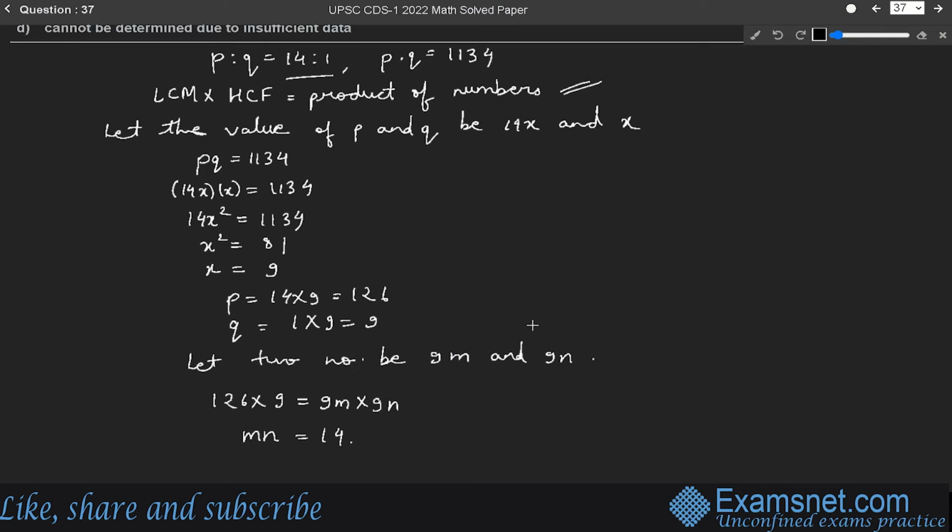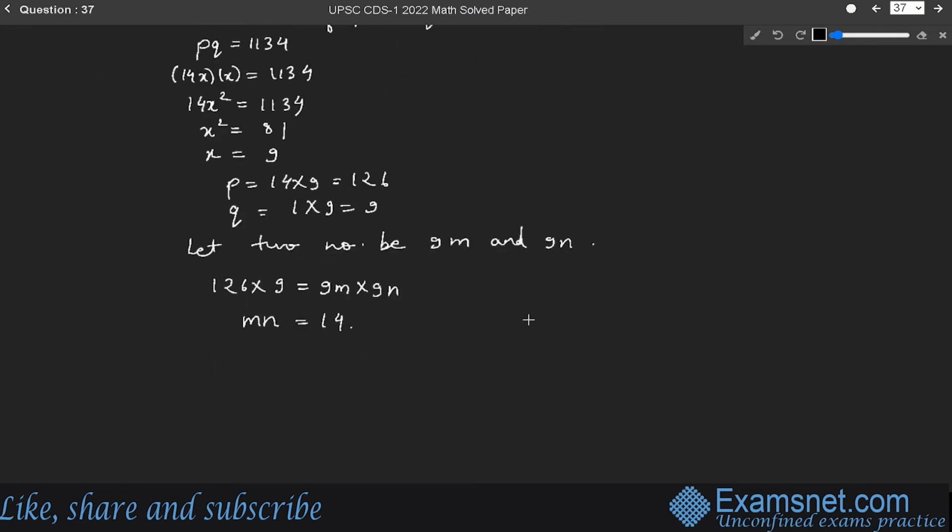So the possible values of m and n will be 14, 1 and 7, 2. So these are the possible values for m and n. Now let us talk about when the values are 14 and 1.